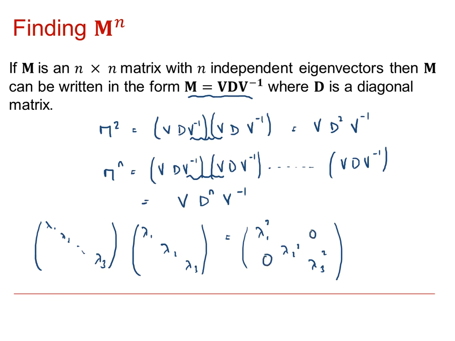And that would be true for an n by n matrix. So all we need to do to work out the diagonal matrix to the power n is raise the values on the leading diagonal to the power n.